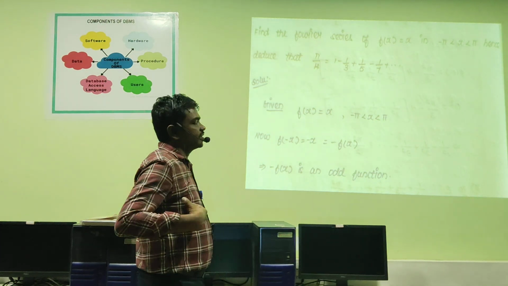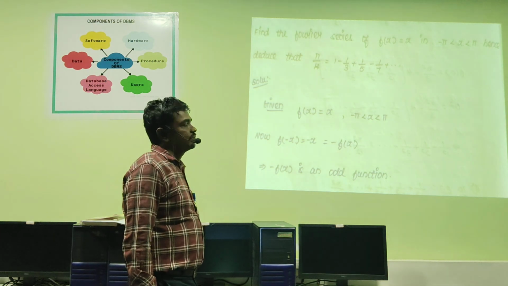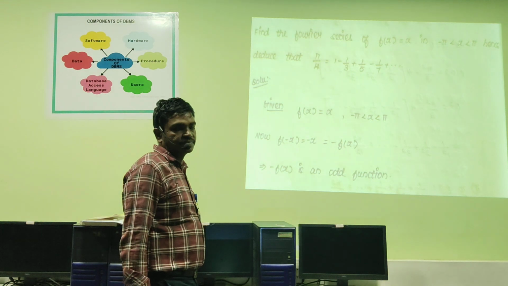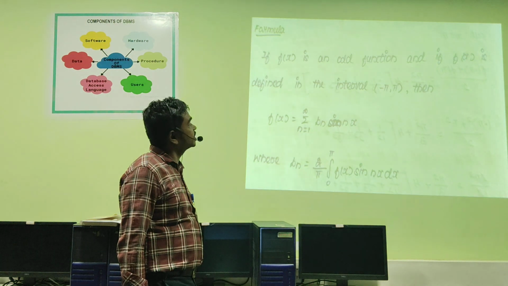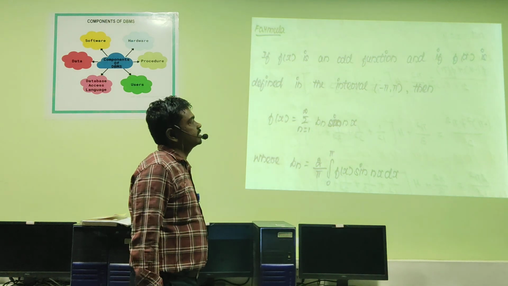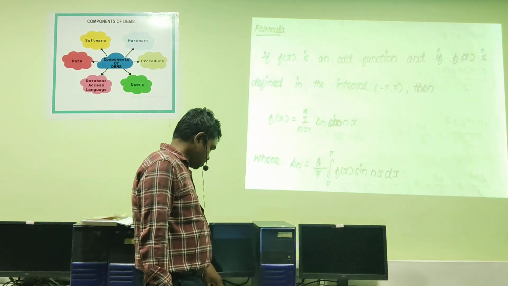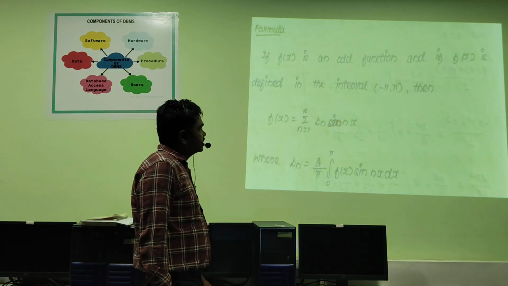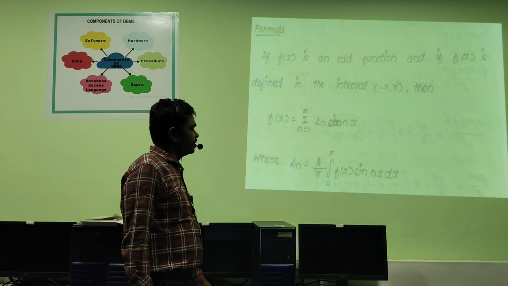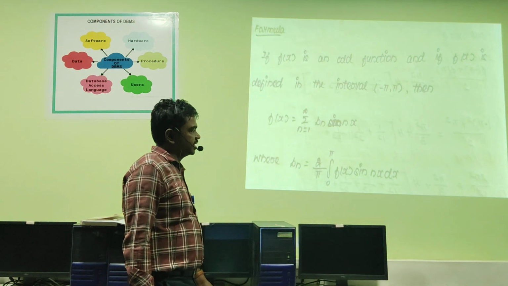So we can use the formula for an odd function in the interval minus pi comma pi. What is the formula? Already we know the formula, but here also: if f(x) is an odd function defined in the interval minus pi comma pi, then f(x) = sigma n=1 to infinity bn sin nx, where bn = 2 by pi integral 0 to pi f(x) sin nx dx.